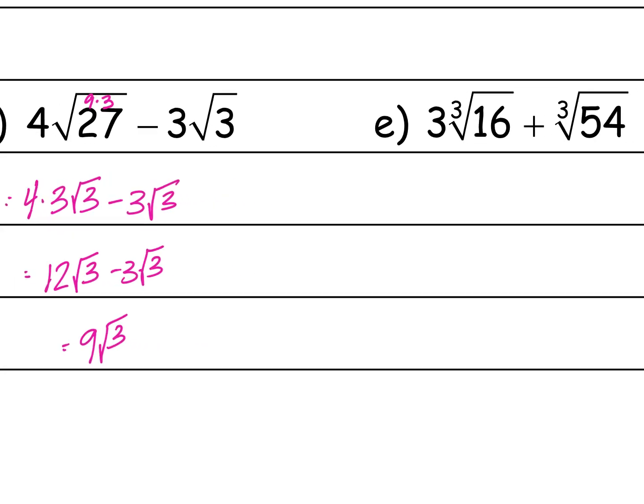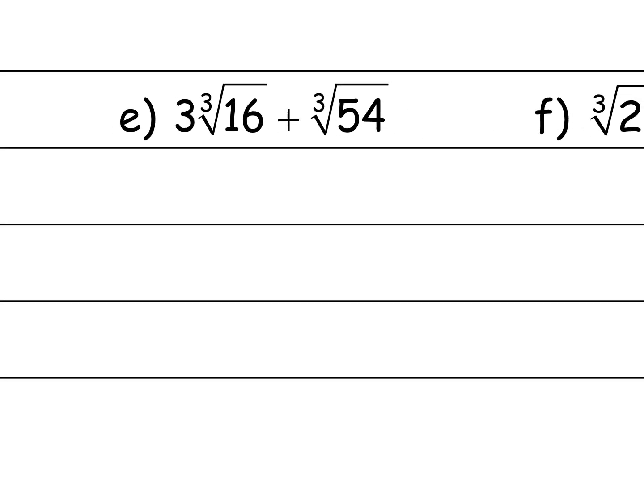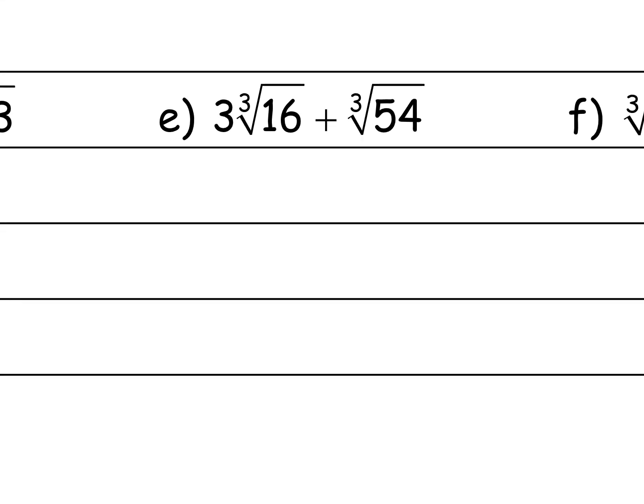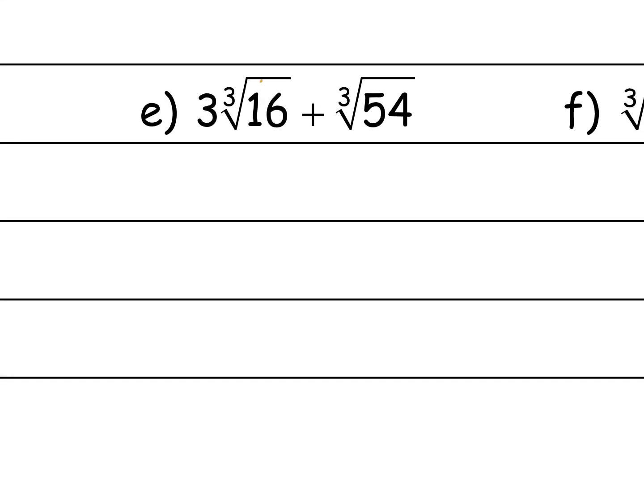And then, let's see, E. We've got a cubed root here, and 16 is 8 times 2. So that's 3 times 2 cubed root of 2. And 54 is 27 times 2.